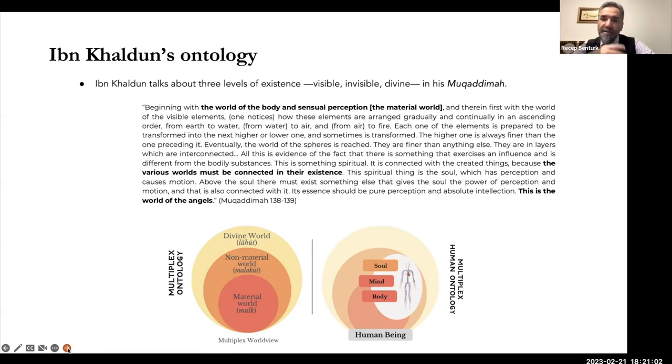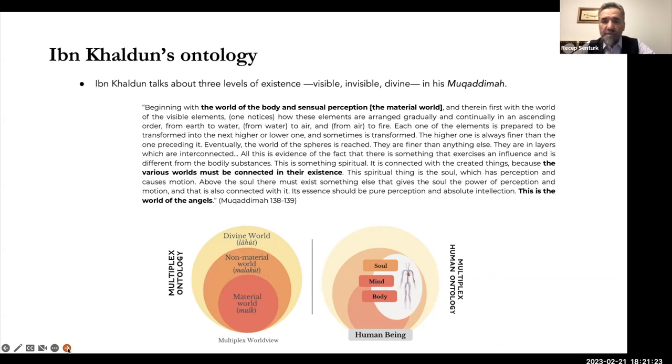Some people misread Ibn Khaldun as if he's materialist. Some people misread him as if he's idealist, but his understanding of his subject is multiplex. So he accepts there is a material level as well as the non-material level.